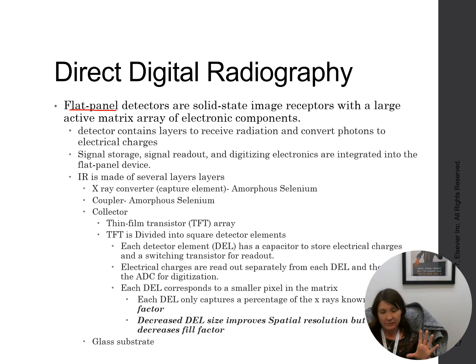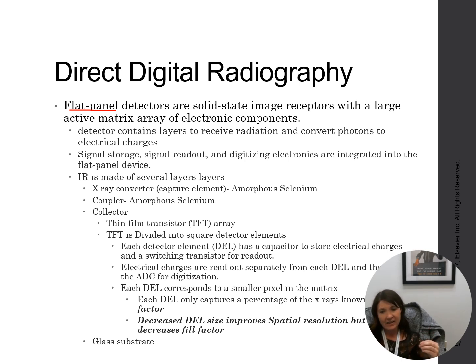Okay, so the detector itself is going to have amorphous selenium as its capture element. We know that amorphous selenium is actually then going to take the ion, become an ion, and move through the substrate to the TFT. Therefore, it becomes the coupling component as well.